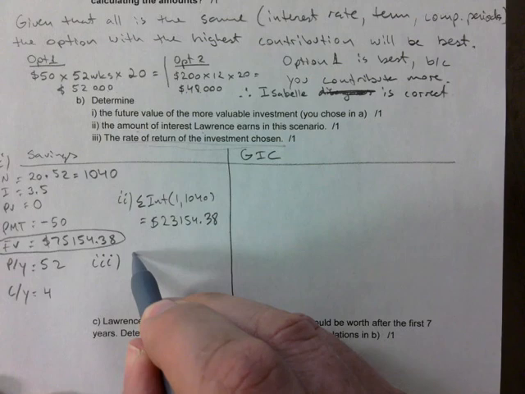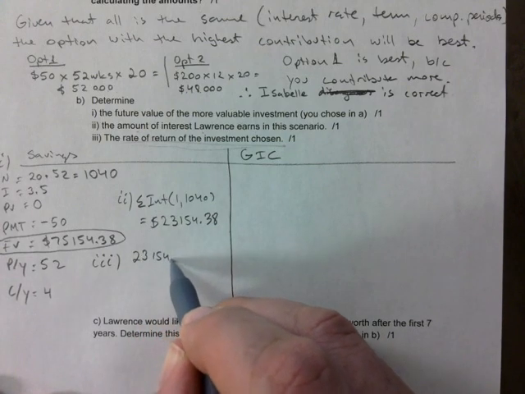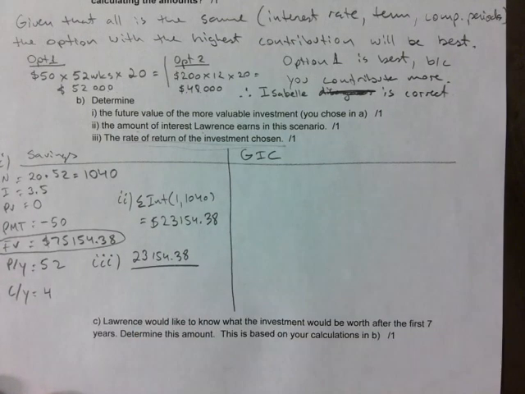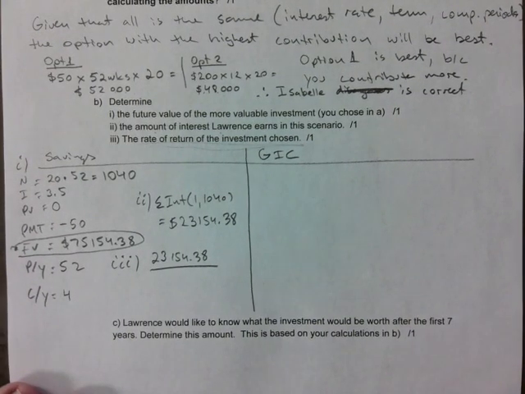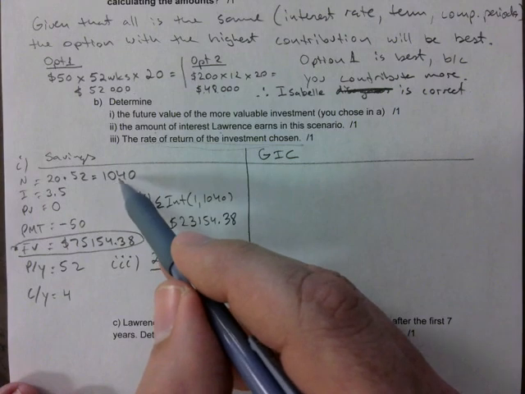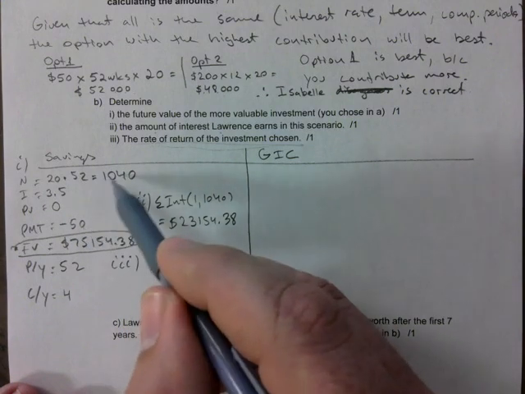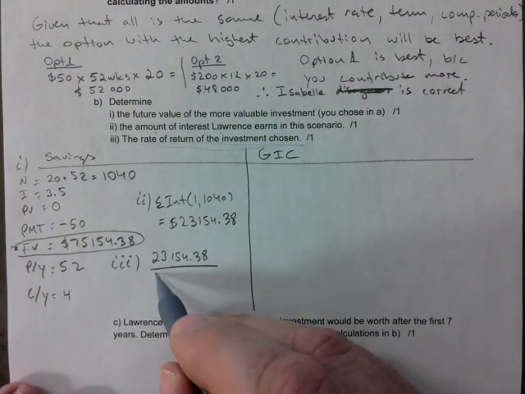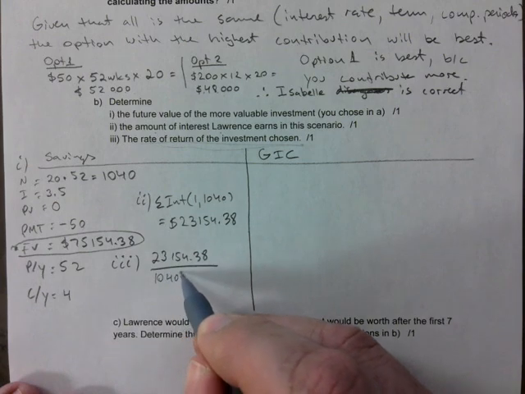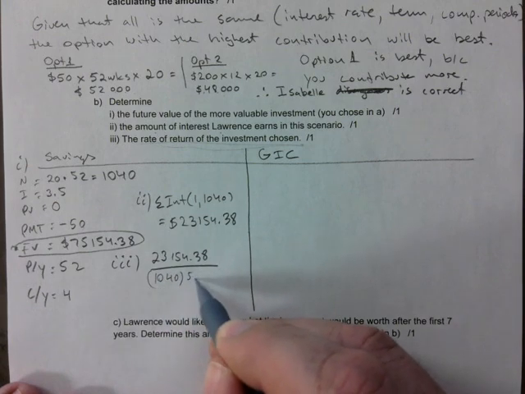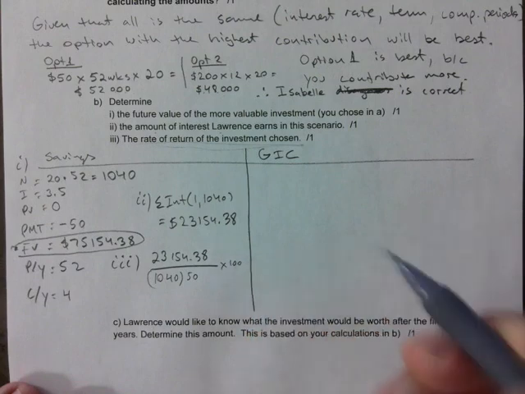So you basically have to take your interest divided by how much you've put in. How much was placed in under this scenario? The answer is this times this, right? So the number of payments times 50. And you multiply this by 100.